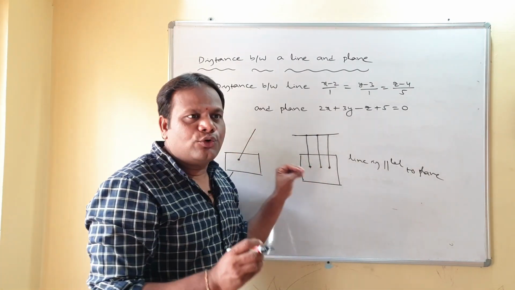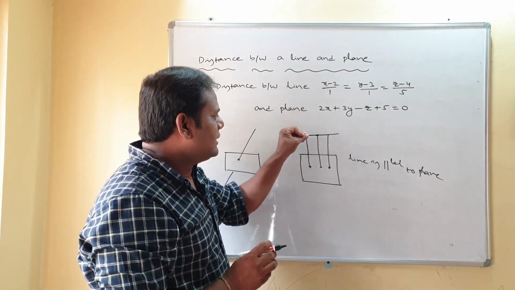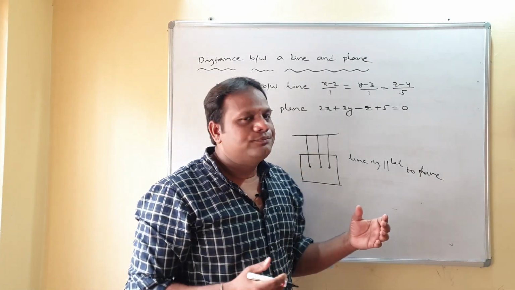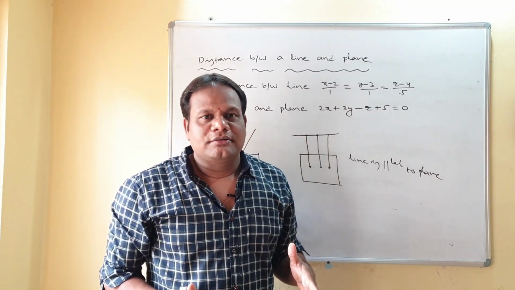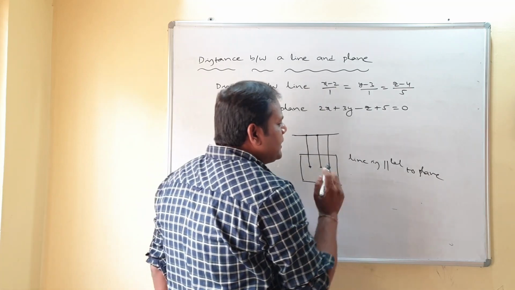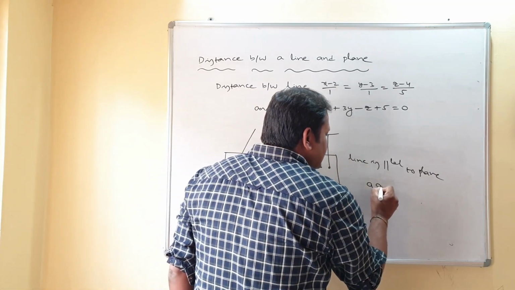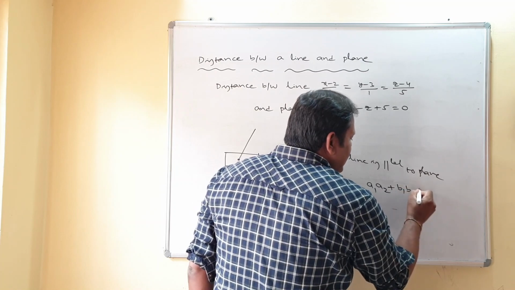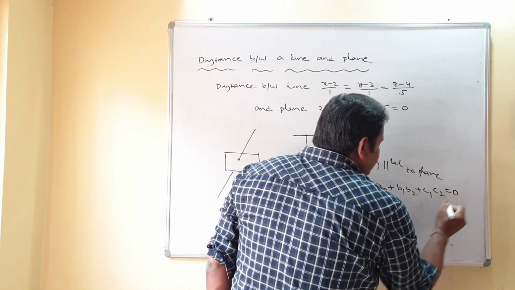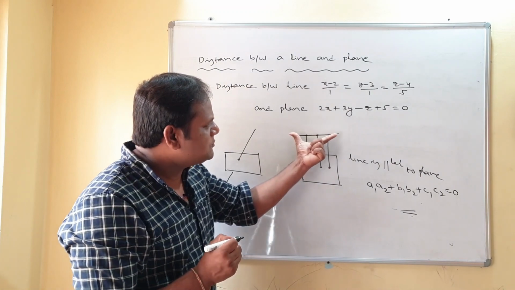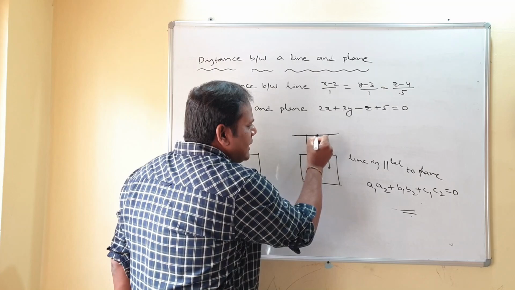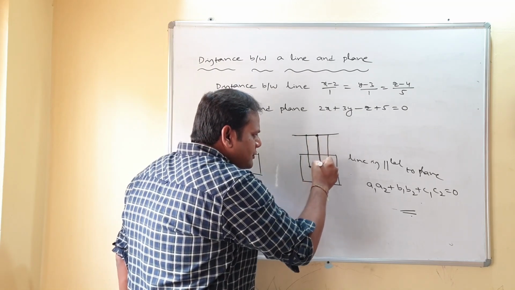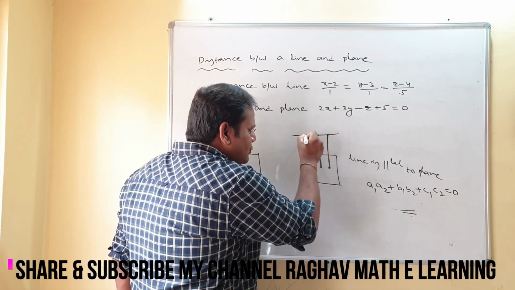Otherwise, there is no distance between line and plane. How to identify that a line is parallel to a plane? We have a condition: A1 A2 plus B1 B2 plus C1 C2 equal to 0. If the line is parallel to plane, to find the distance you take one point on the line and from that you take the perpendicular distance to the plane.